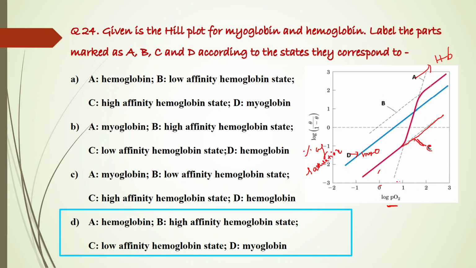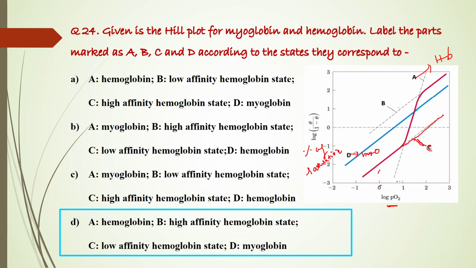That means B, the extrapolation of this portion, is the high affinity hemoglobin state. If we match all these things with our options, the correct option should be option D, where A is hemoglobin, B is high affinity hemoglobin state, C is low affinity hemoglobin state, and D is myoglobin.